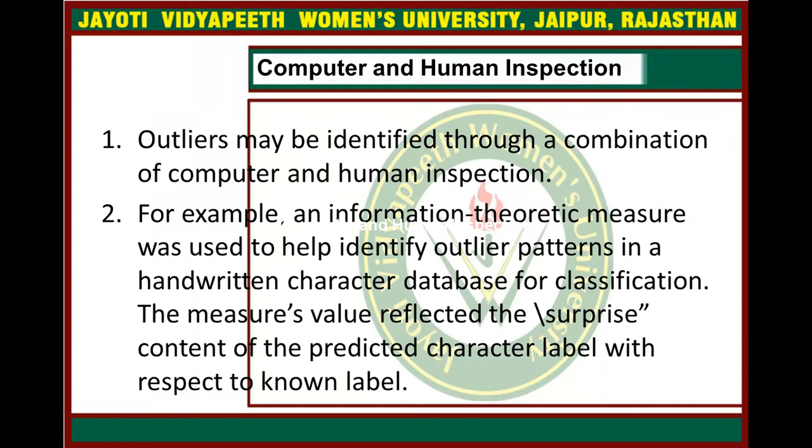So these are called outliers. We cannot include them in our cluster. A cluster means a group of students of our university. So these students belong to this particular cluster, so we can call it a cluster.